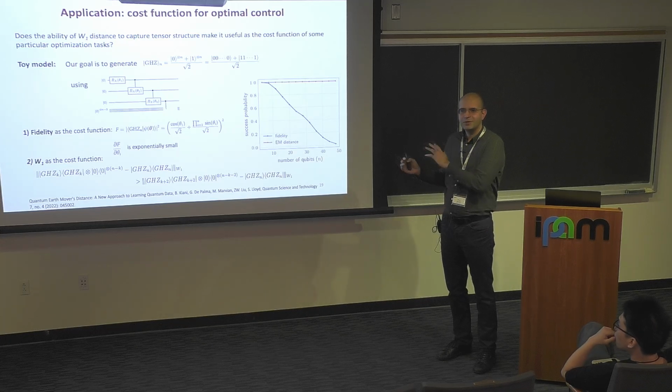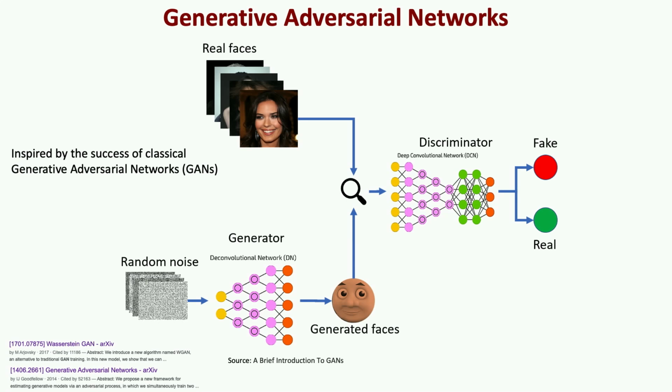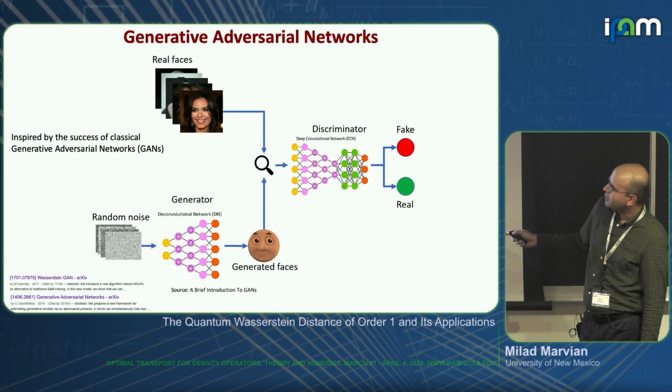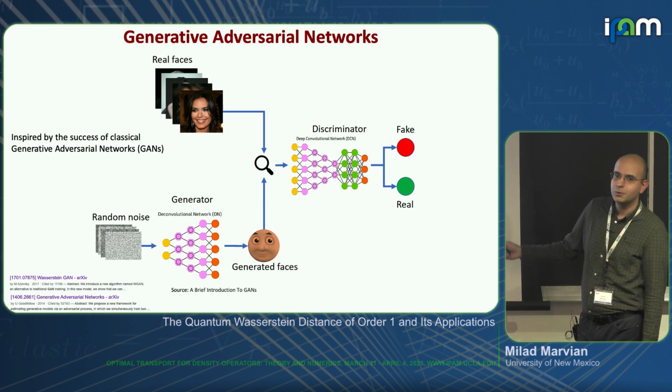And then we look at what classical literature people have done. For example, there's this concept of GANs, where to generate, in this case, a face, you let two neural networks compete with each other. The first neural network, the generator, generates some face. You compare it with some real faces. And if the other neural network, which I call the discriminator, cannot distinguish these two, you have succeeded in generating faces very close to what you want.